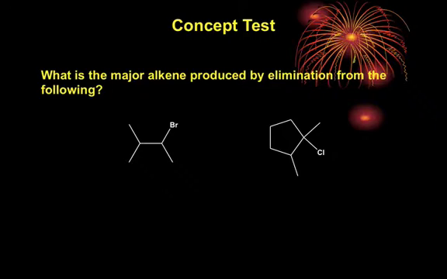So, what is the major alkene produced by the elimination from the following two? What do we do when we're thinking about the elimination? What's the first thing that we identify? We identify where the leaving group is, right? And then we mark what? The alpha carbon.